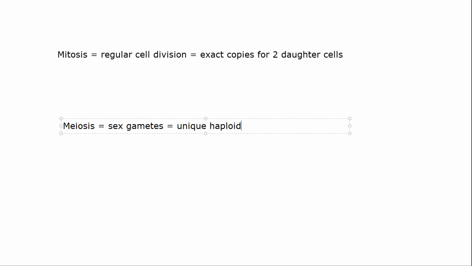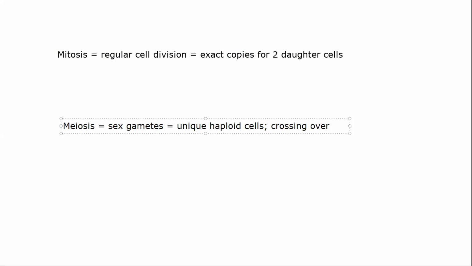Unique haploid cells at that. Remember haploid is having half of the number of chromosomes, and then when you meet up with the other egg or sperm, you end up with the diploid cell. So these are unique haploid cells, and we have crossing over happening.